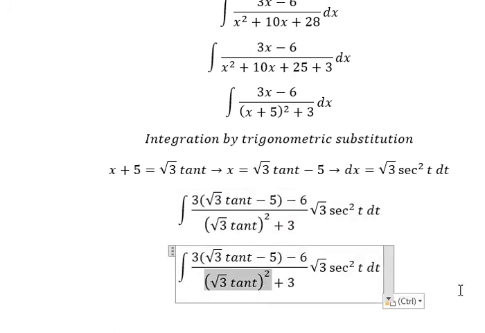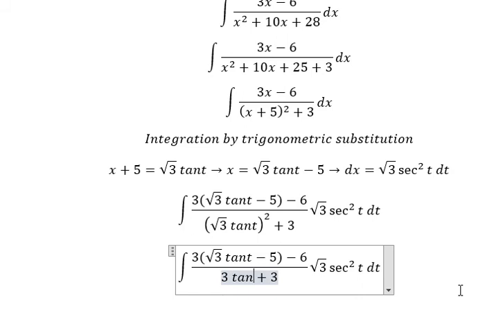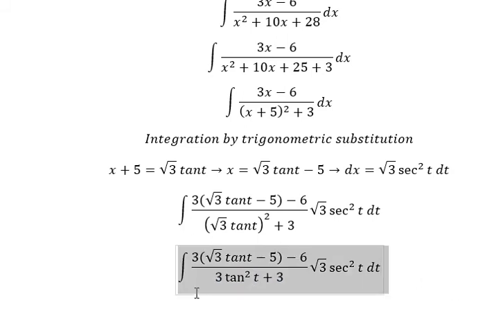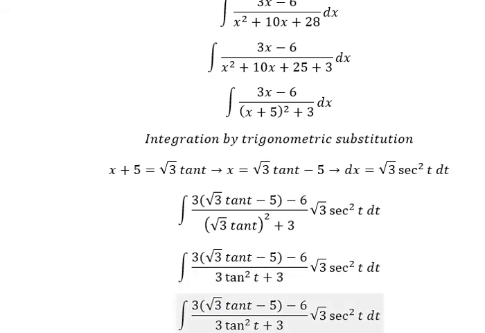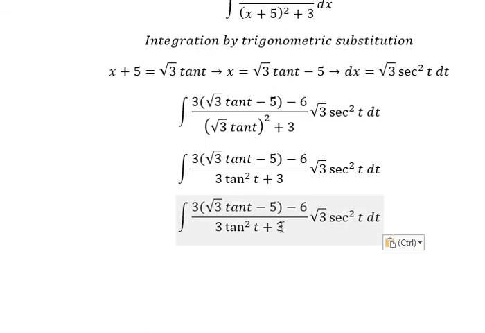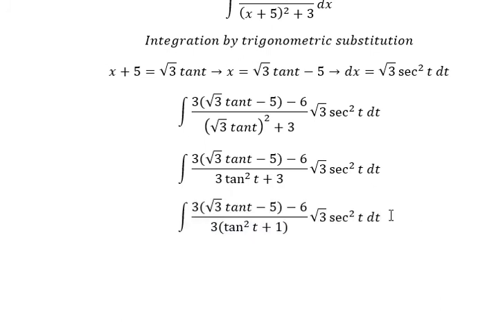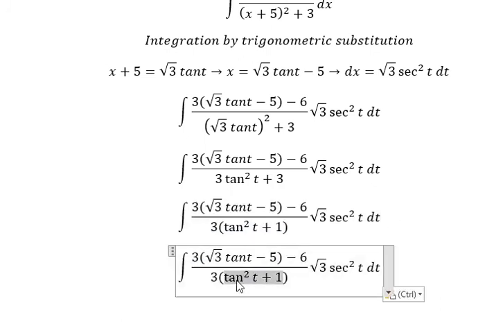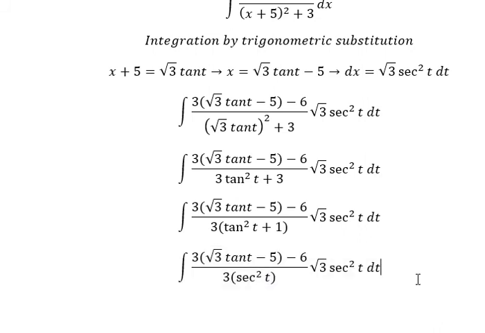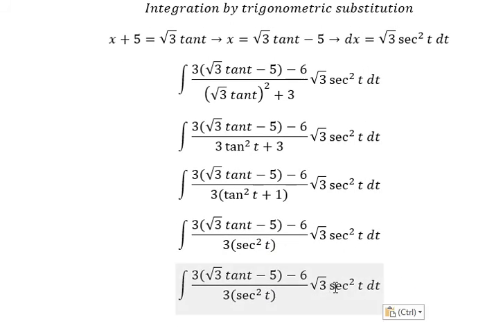So this one we have 3 tan t square. Number 3 and number 3, we can do factorization. This one we change by secant of t square. Later, we simplify the numerator and denominator.